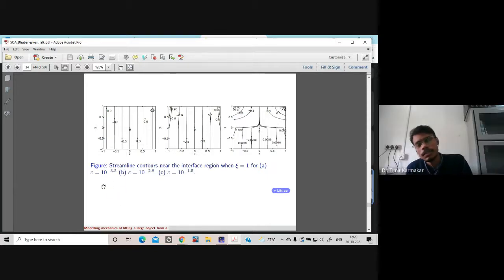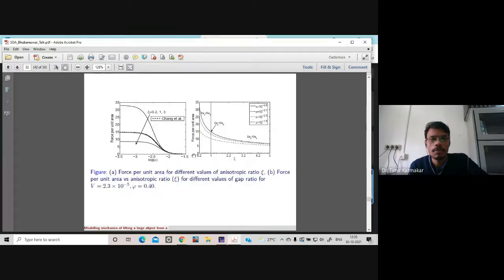This is taken from the previous literature, mostly Chang et al., which I have discussed; they considered isotropic porous media. They have done experiments as well, and collected data from some literature. The main thing is that in this work we have assumed the same gap width.